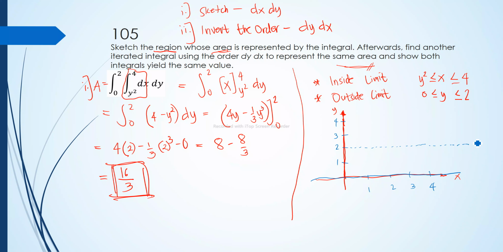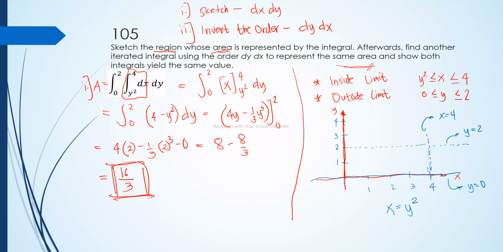How about the inside limit? We have x greater than or equal to y squared, but less than or equal to 4. So x is equal to 4, that is this line. This one is y equal to 2, and this one is y equal to 0. Now, how about x equal to y squared?